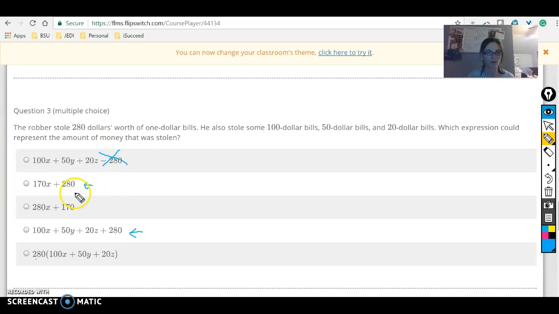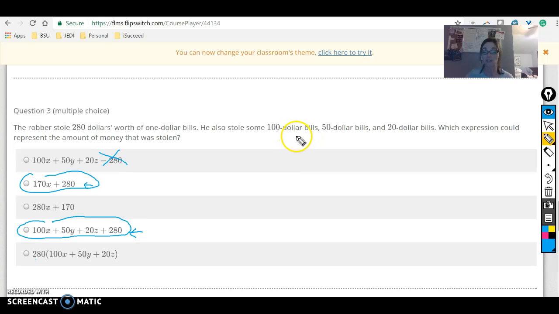So only these two possible answers take into account the fact that I know I have a constant of $280, okay? Now, the other thing that I'm told here is that he stole some hundreds, 50s, and 20s, but I don't know how much. So I need to multiply each of those by a variable, okay?